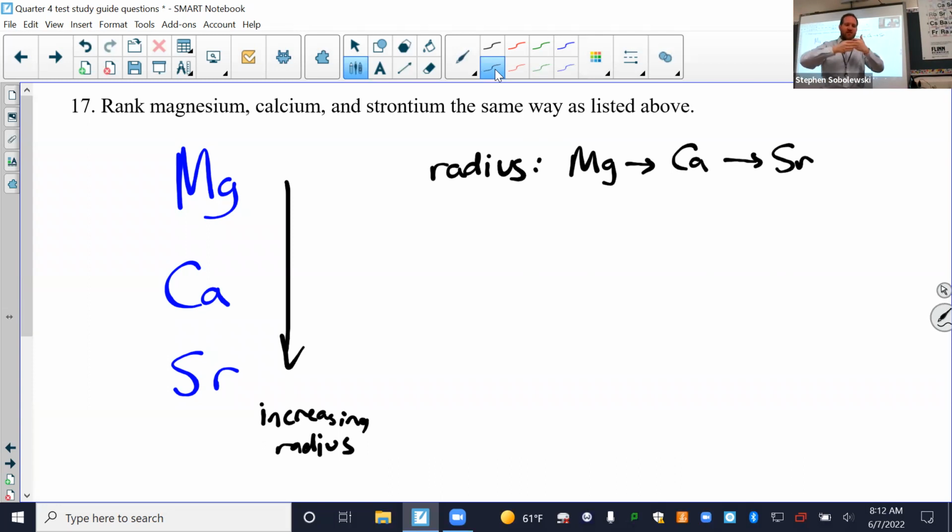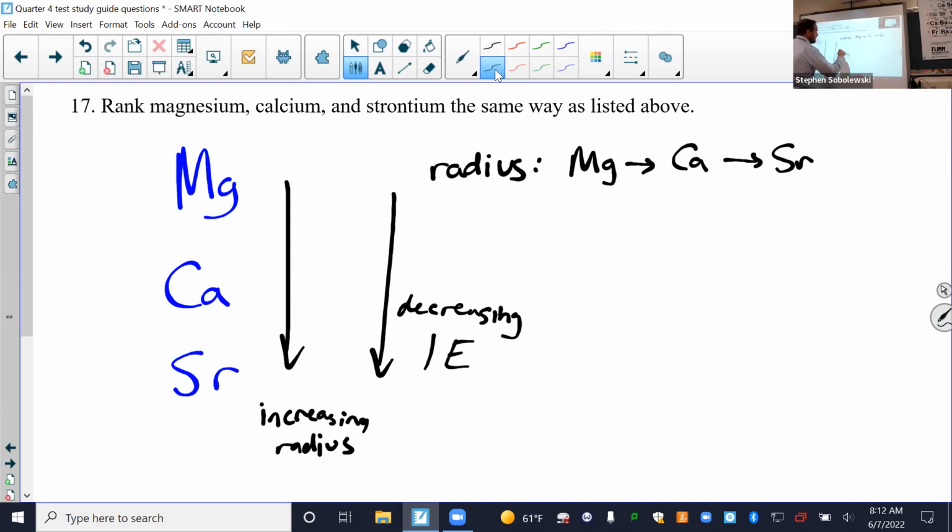There's a greater distance there, and there are more electrons in between that kind of shield it. So the order down here is going to be decreasing ionization energy. So our trend in ionization energy from smallest to largest is going to be Sr, followed by Ca, followed by Mg.